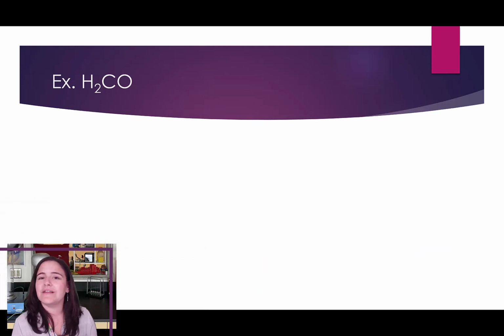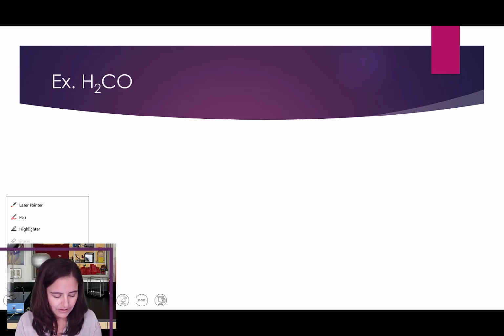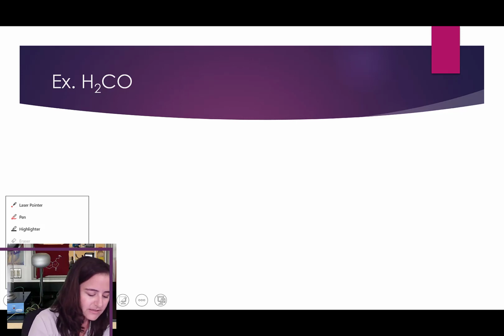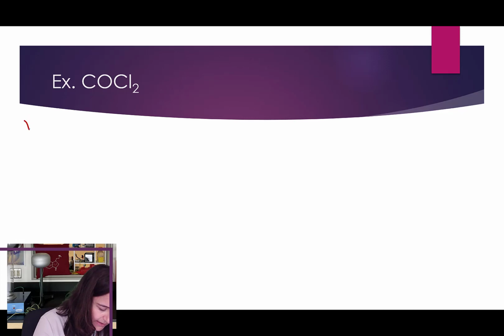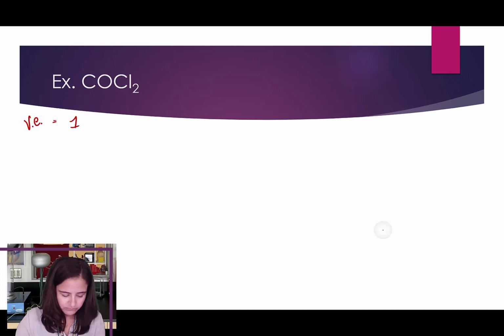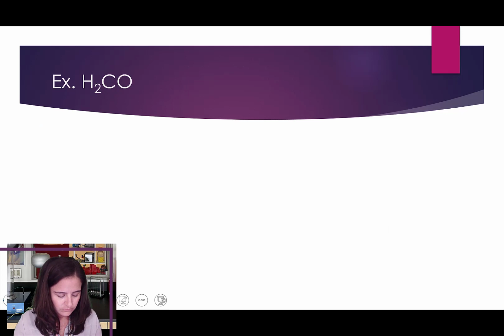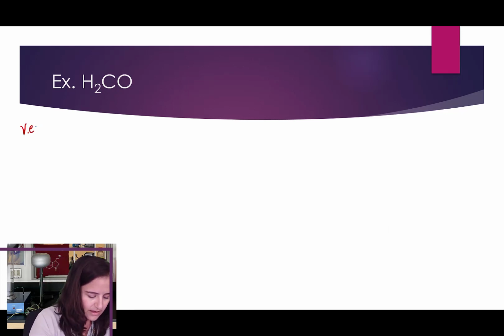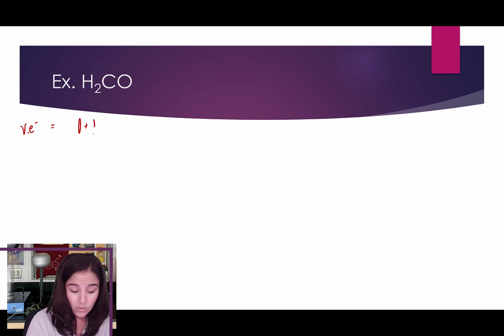So H2CO, more commonly known as formaldehyde. So we got our chemical formula there. Step 1, we got to count up our number of valence electrons. So hydrogen has 1, and we have 2 hydrogens, so I'll just go 1 plus 1.